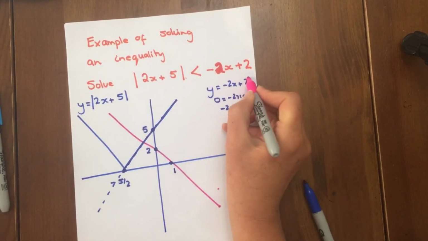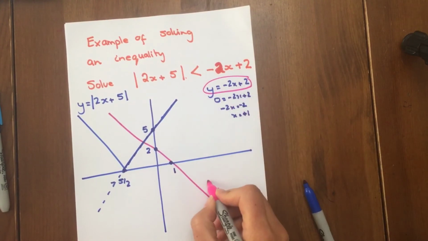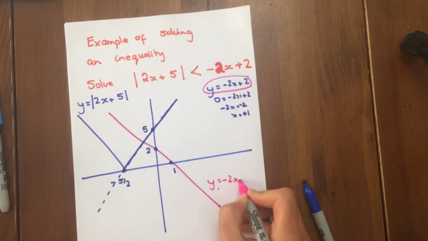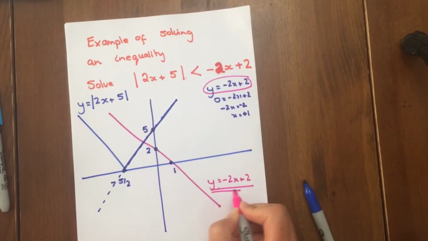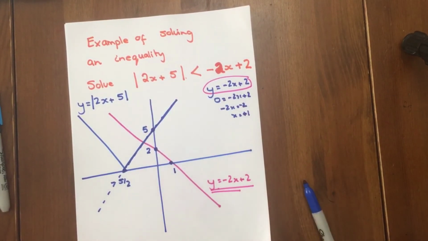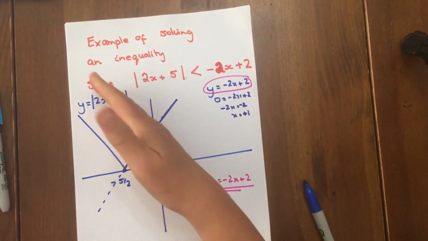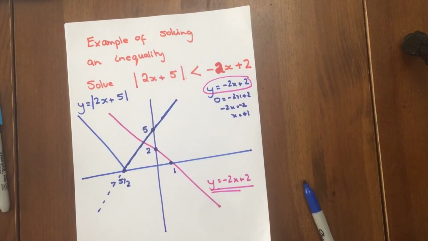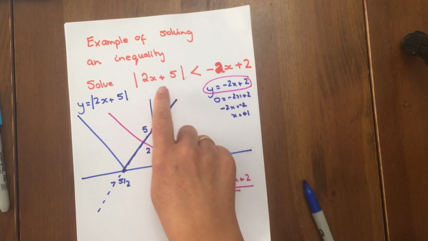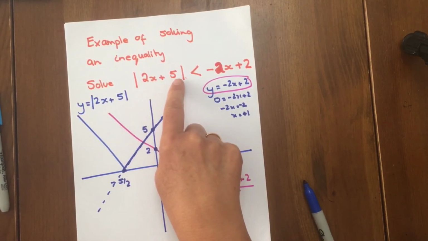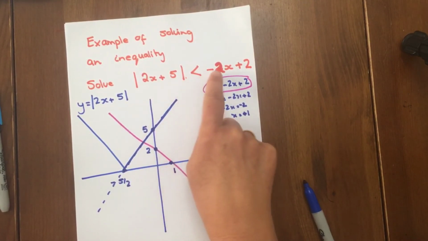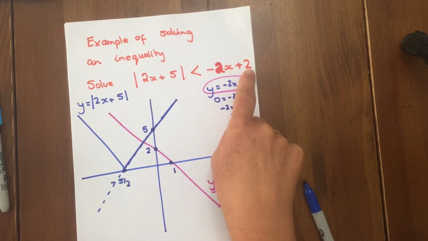So this is my line, y equals minus 2x plus 2. It's good to have different colours for your 2 different lines. Straight line, just use a ruler, unlike me here. So now we want to ask ourselves, where is this modulus less than this line?